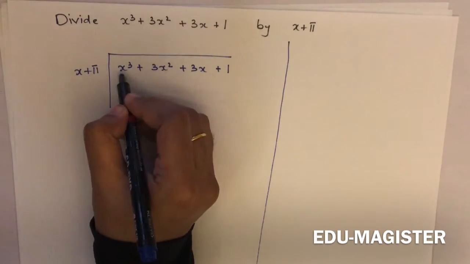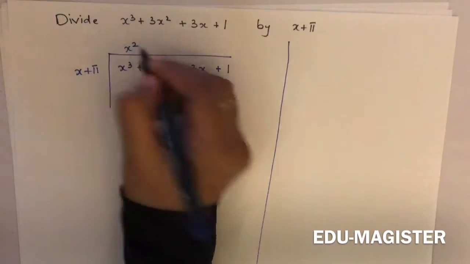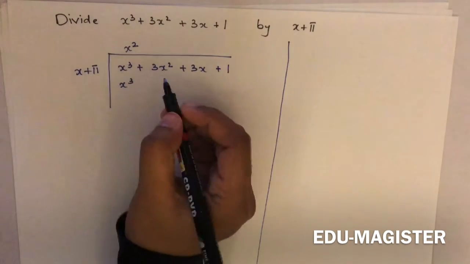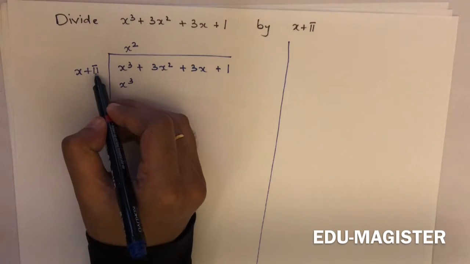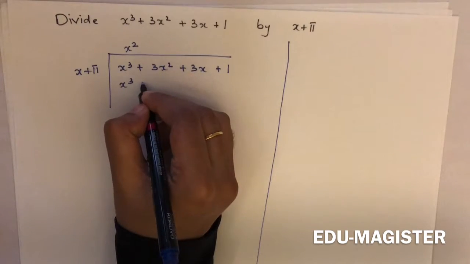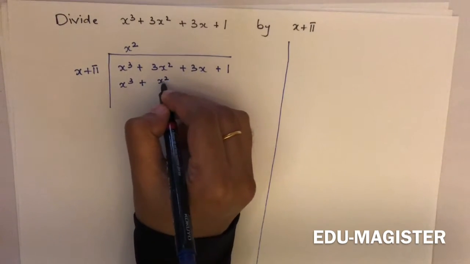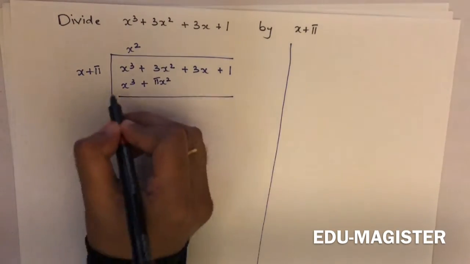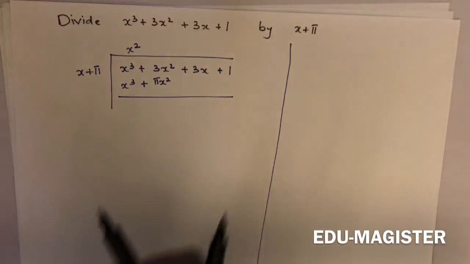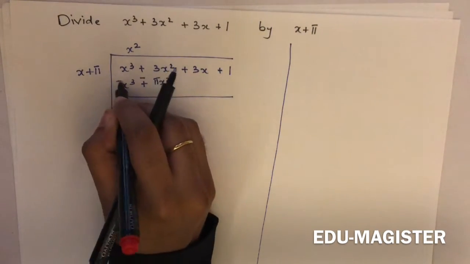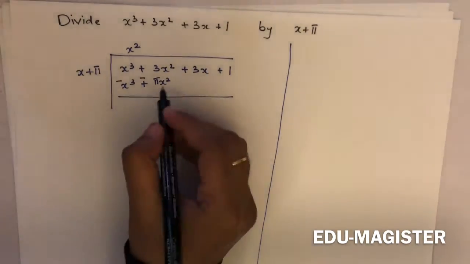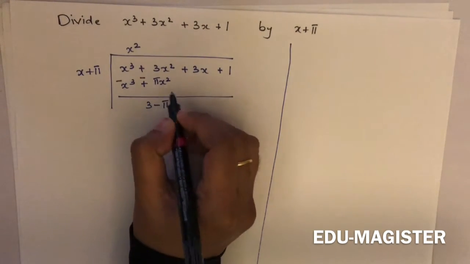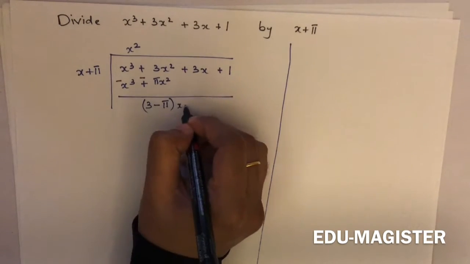So x cube by x is x square. Now when you multiply back, x square into x is x cube, x square into pi is x square pi. Now while subtracting, let's change the signs first. So this is 3 minus pi x square.